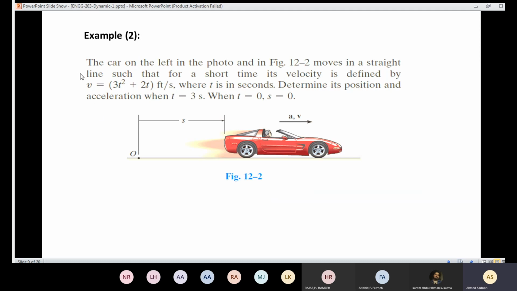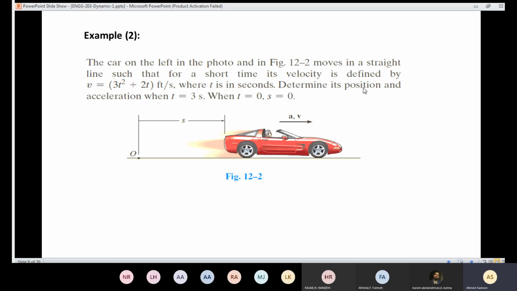So here he gave us a formula to describe the velocity. And like you can see here, the velocity is a function of the time. So if I know a specific time, I'll be able to know the value of the velocity. Here t is in seconds, and the velocity is in feet per second.